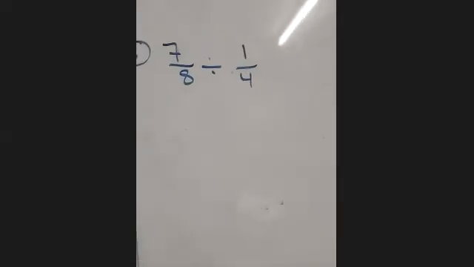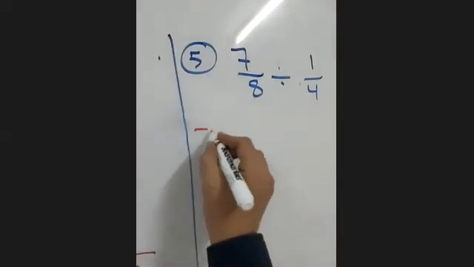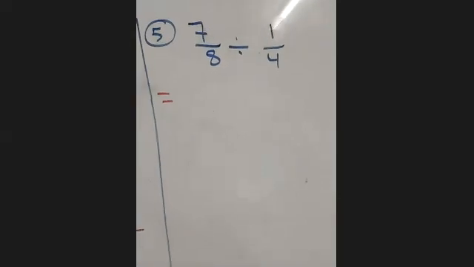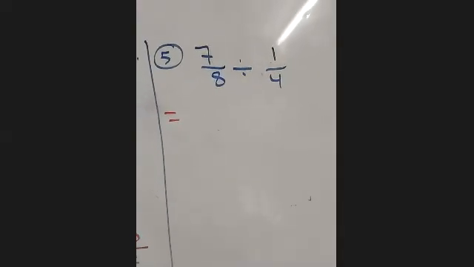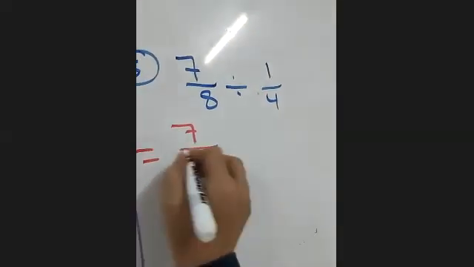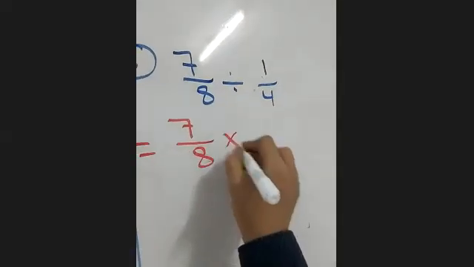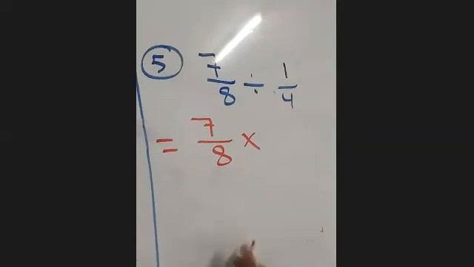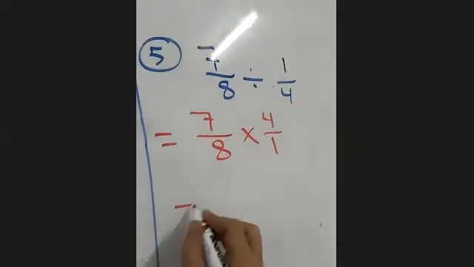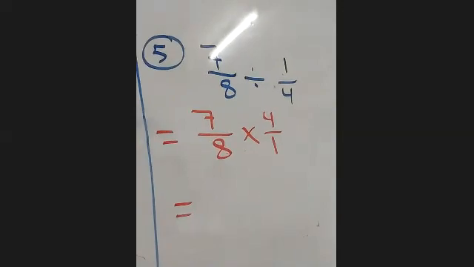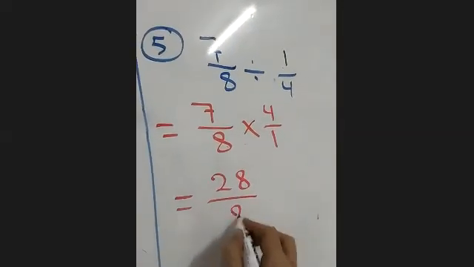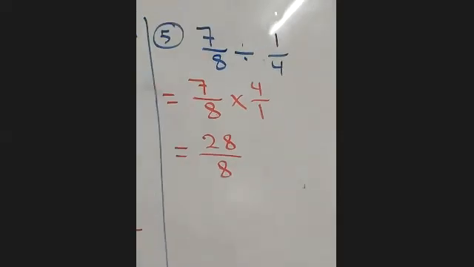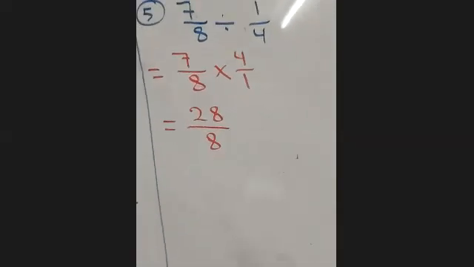We will put them down: 7/8, then multiply by 4/1. Equal 28/8. 28 over 8. Now, what do we need to do here in this answer, mister?